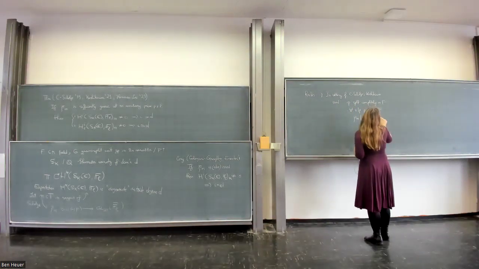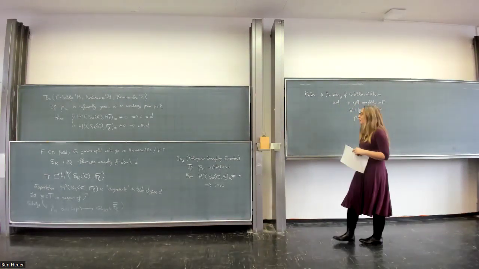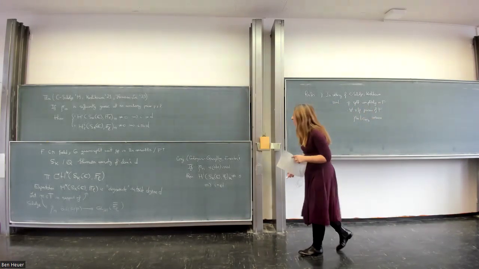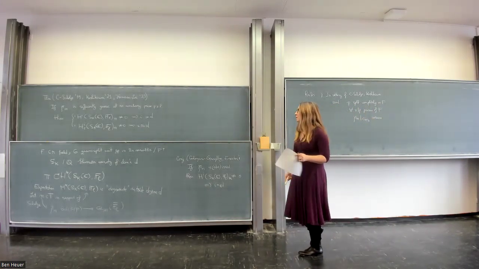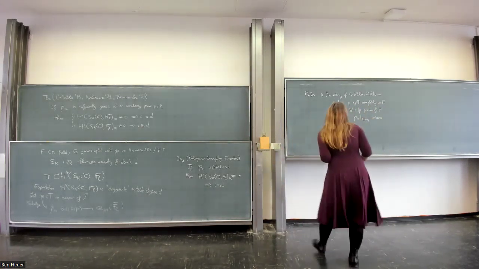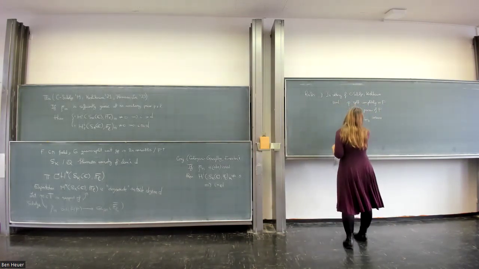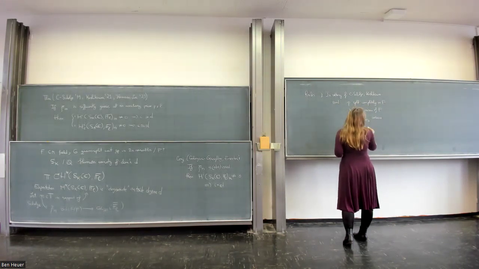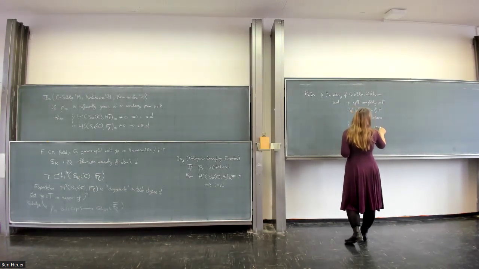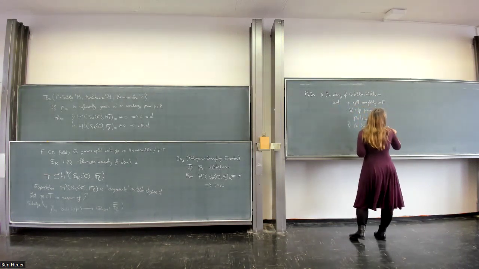I mean, this is not a strong condition because if there's one prime that works, there will be infinitely many. So you can always assume that you're unramified. But the point is that the eigenvalues of Frobenius, alpha 1 through alpha 2n, are the eigenvalues of Frobenius at this place.